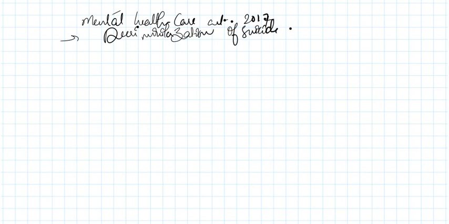Okay, now followed by one advance directive. What is this advance directive? It is a registered document with the Mental Health Review Board, which generally contains 3 components.